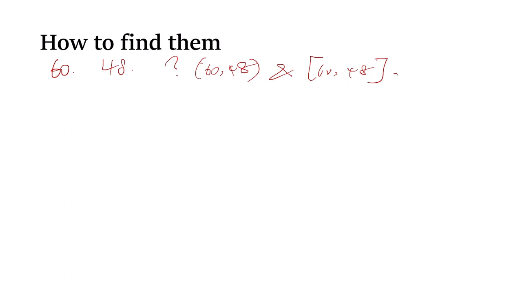So first write down those two numbers. Draw something like a big L. So here you need to find one common divisor of 60 and 48 by instinct. For example, let's say 2. Okay, 2.